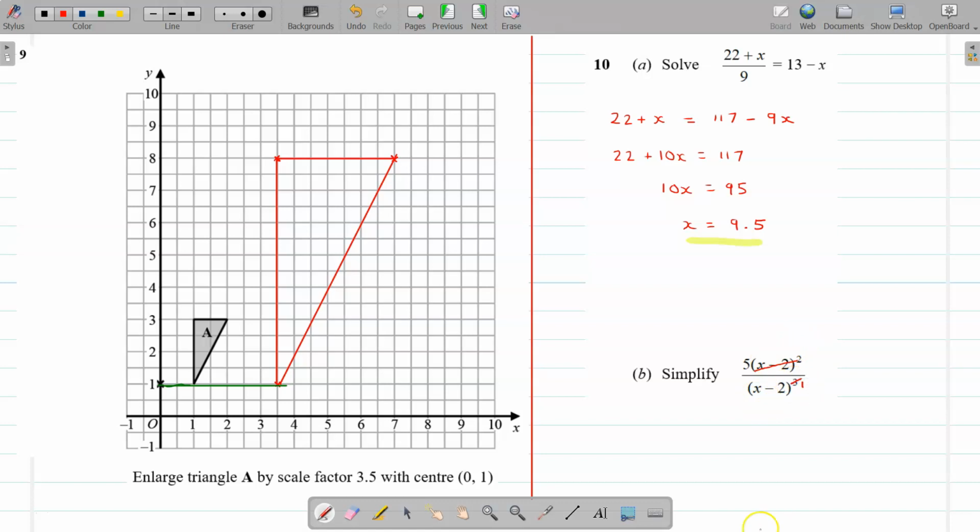So you're left with 5 over x minus 2, because x minus 2 to the power 1 is just x minus 2. So it's a fairly easy simplification there. Okay, next question.